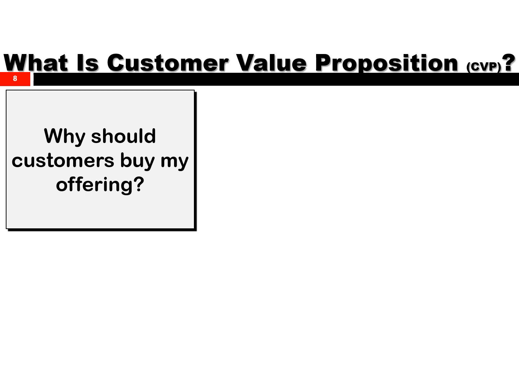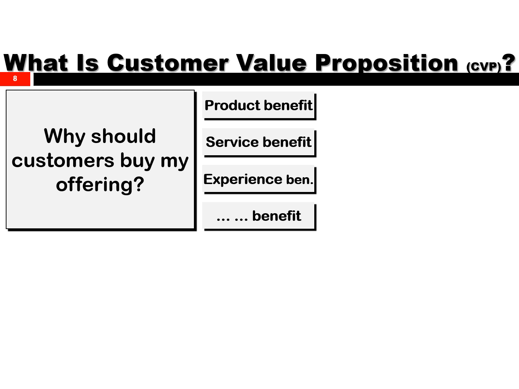This is an illustration of what I explained. Why should customers buy any offering? Because there is a benefit, utility in the product or a service. I buy a product because I need a laptop. I need this laptop because there is a service after sales behind, because I can have good experiences, any other benefit you can consider.